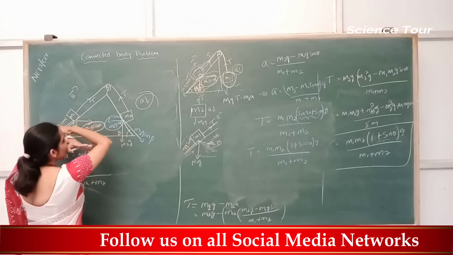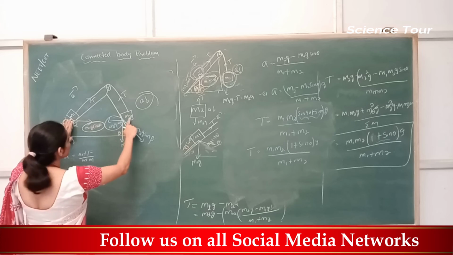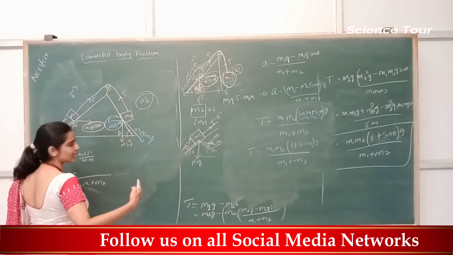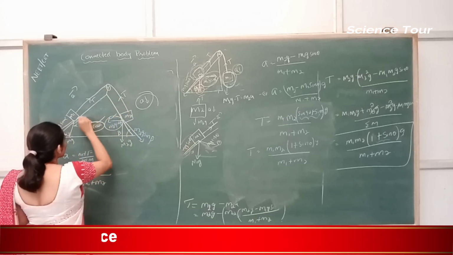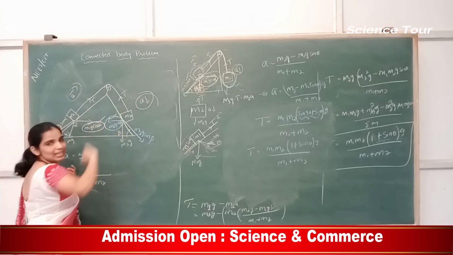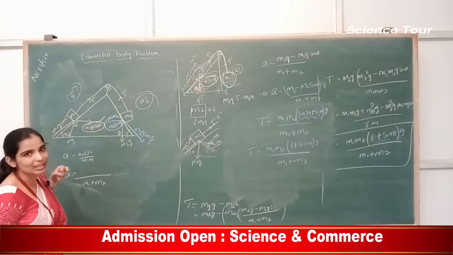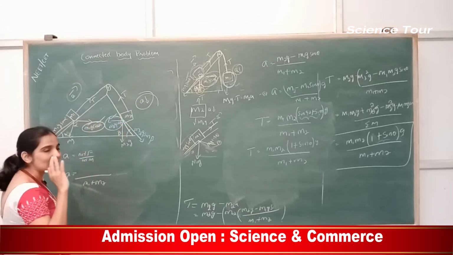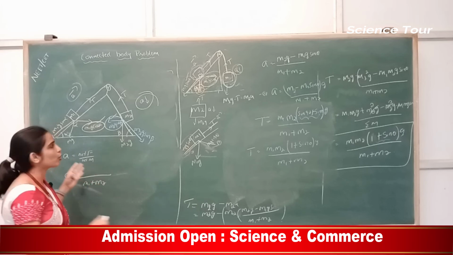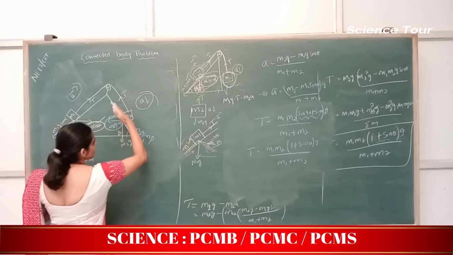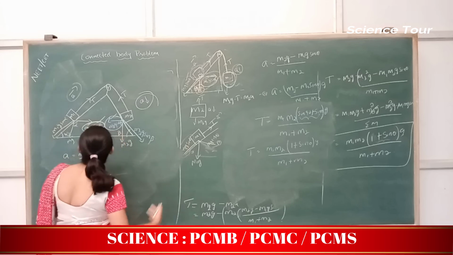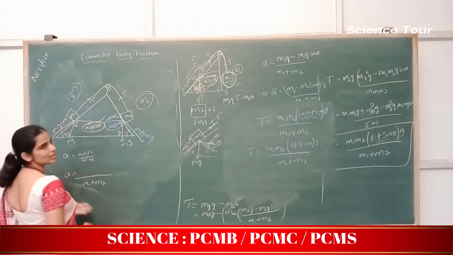So these two are acting horizontally, these two bodies are accelerating along the incline. So these two don't contribute anything to the acceleration. Only those components which are responsible for this acceleration are m2g sin beta and m1g sin alpha.